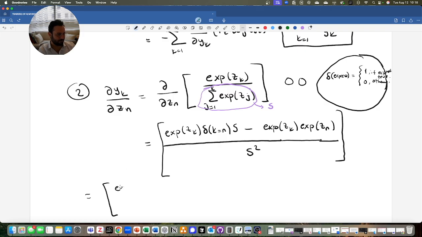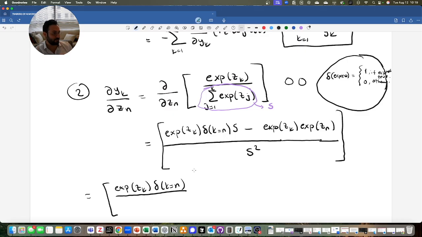So let me go ahead and write this a little bit simpler way. So I have exponential zk delta k equals n, which still startles me, looks like it startles me, but don't worry about it so much. It's doing its function and it's going to disappear in a second.